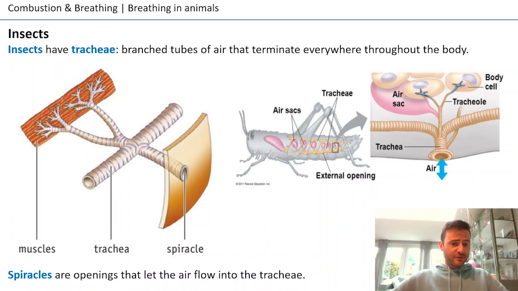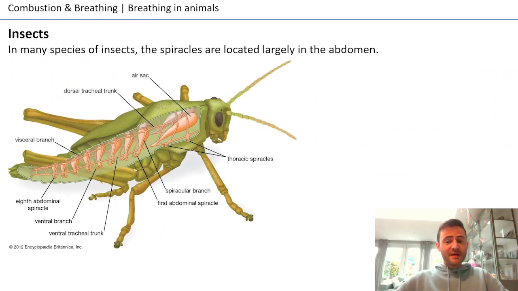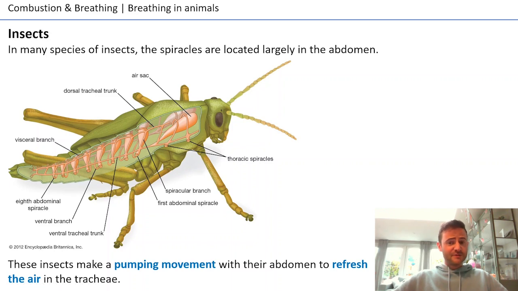And there are several of these openings along the insect's body, and that means insects don't breathe through their mouth, but through these spiracles. In many insect species, these spiracles are mostly found in the abdomen. That's this part here. And these insects make a pumping movement with their abdomen to refresh the air inside the trachea.